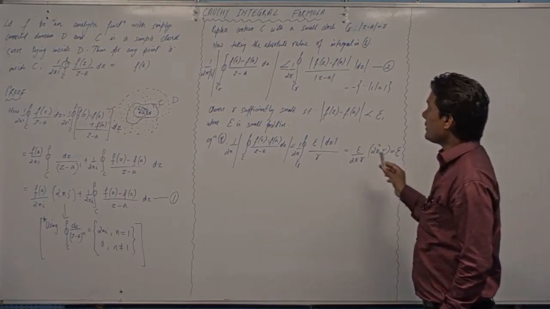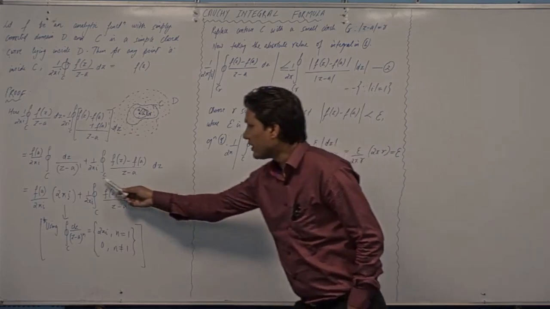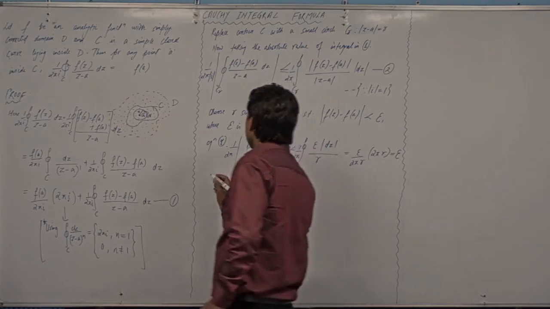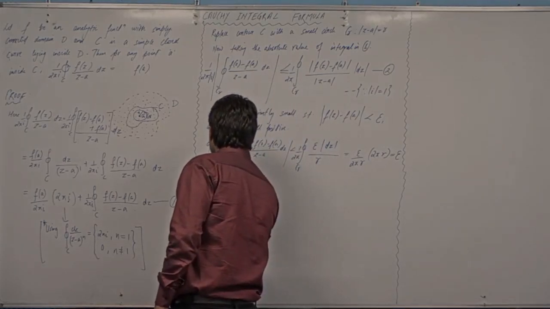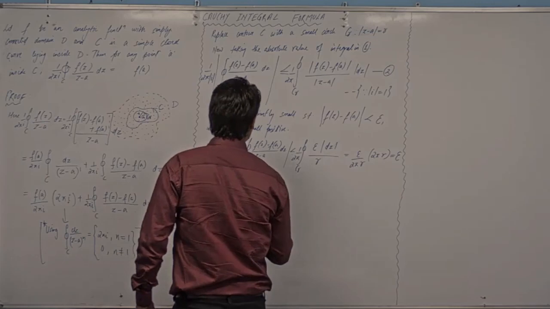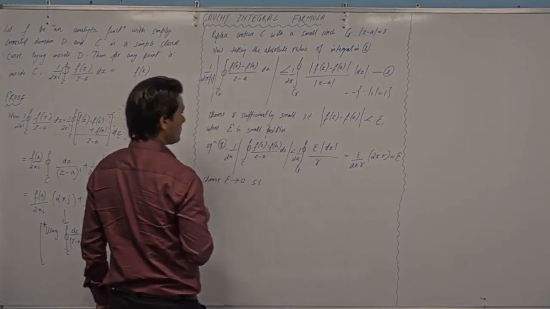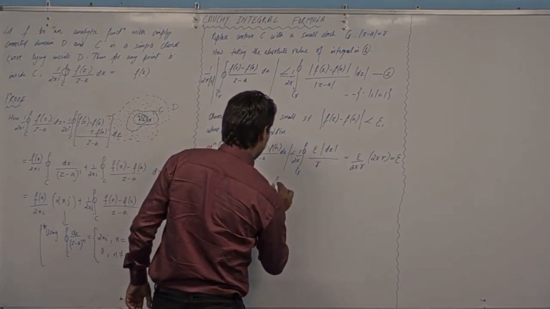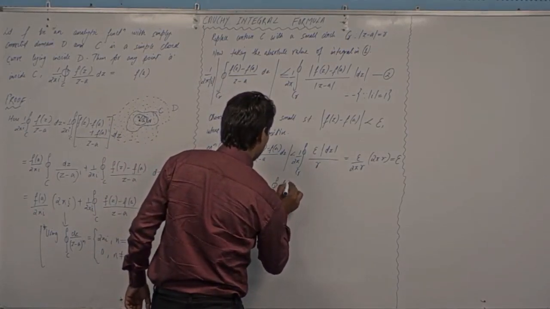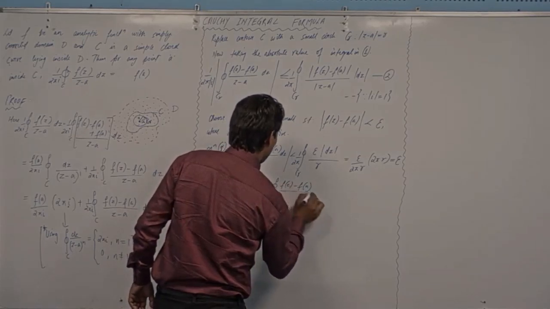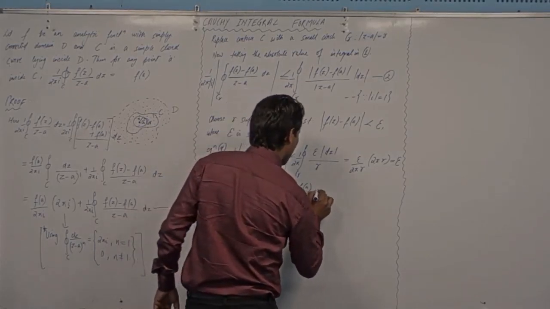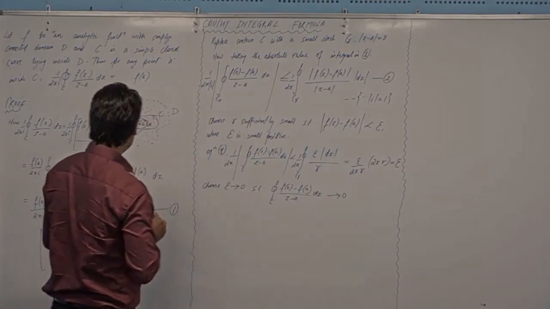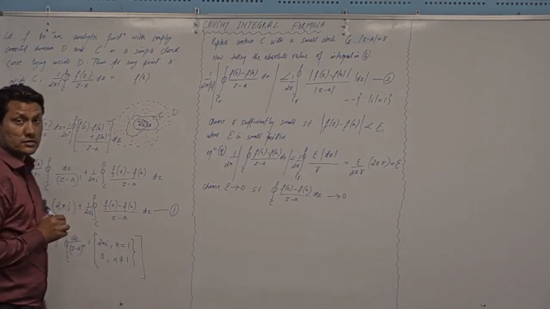In that case, the value of this integral will go to 0. Choose epsilon tending to 0 such that the integral over C of (f(z) minus f(a)) over (z minus a) dz tends to 0. On plugging this value into my equation number 1, I will get the required result.